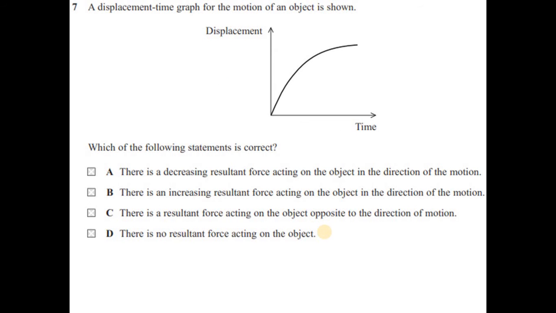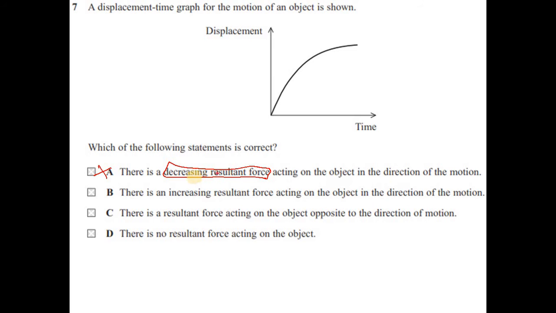Question number 7. A displacement time graph for the motion of an object is shown. Which of the following statements is correct? There is a decreasing resultant force acting on the object in the direction of the motion. So it cannot be option A, because although force is decreasing, it doesn't mean that the speed is decreasing.